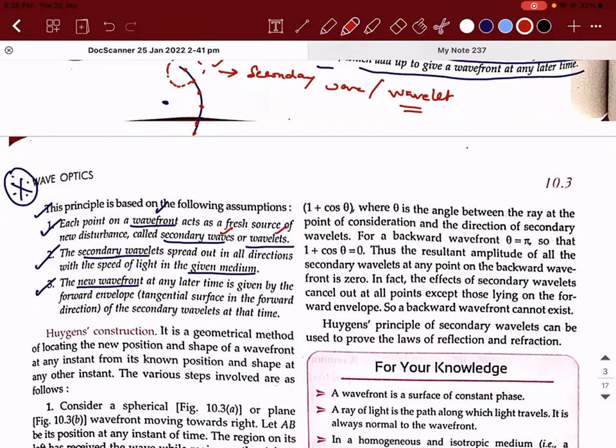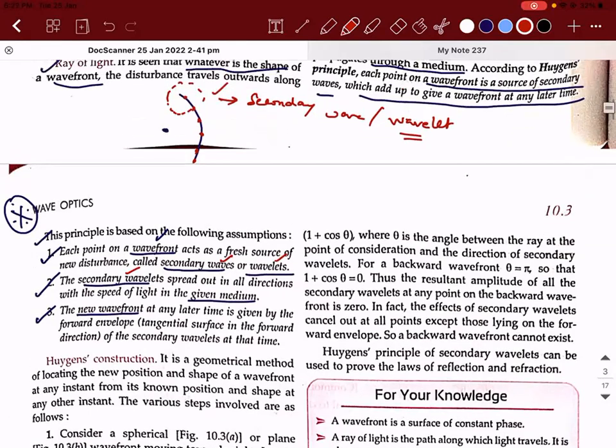Now what will happen is the secondary wavelets will start spreading in all directions with the speed of light in the given medium. So if it is traveling, let's say, in air medium, then it will start spreading in all directions with the same speed of light in that particular medium. Now you have the new wavefront.